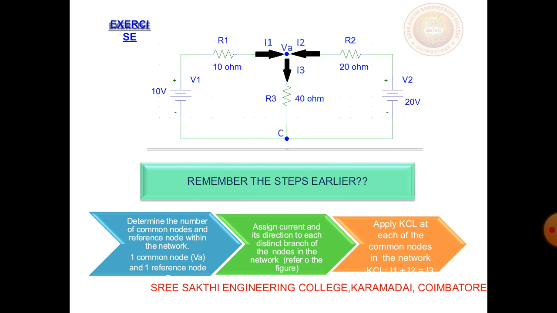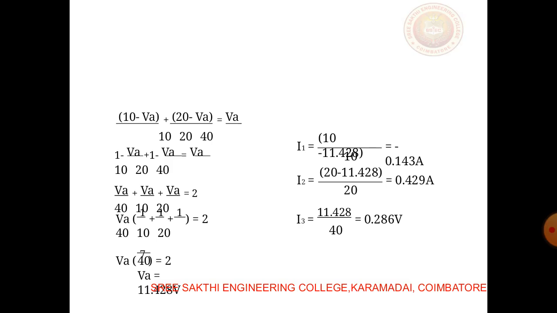So I1 plus I2 minus I3 will be equal to 0 for this circuit. This is how you write the equation for the first node. Keep this as a reference and follow the procedure we have in the classes. Finally find the answer, and you can check the answer with these slides.